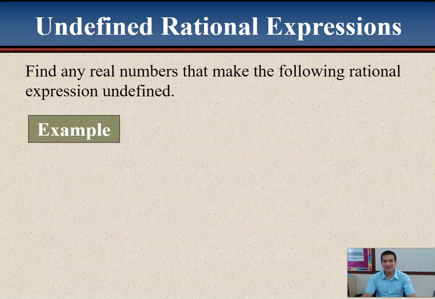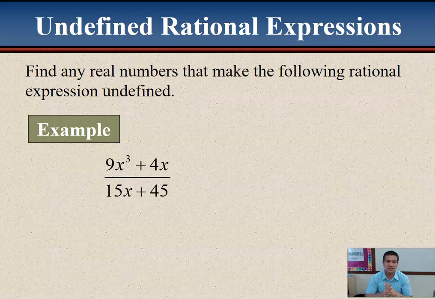Find any real numbers that will make the following rational expression undefined. For example, our expression is 9x cubed plus 4x over 15x plus 45. What value of x will make our rational expression undefined? The first thing you do is solve for the denominator, 15x plus 45.